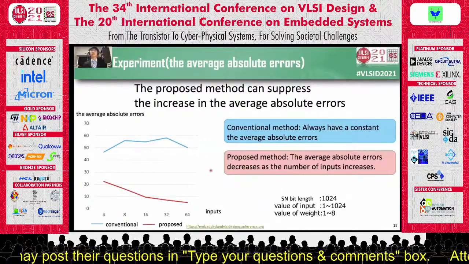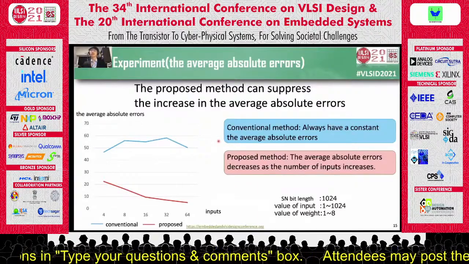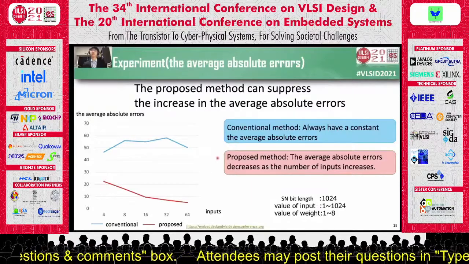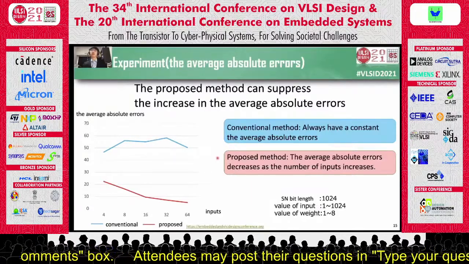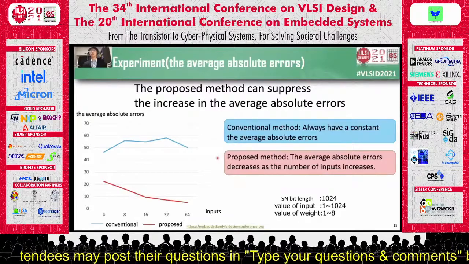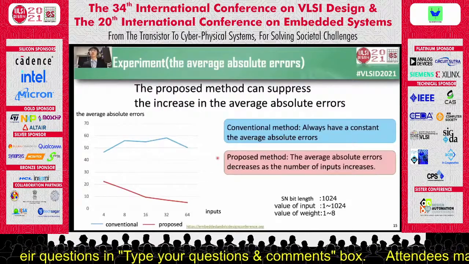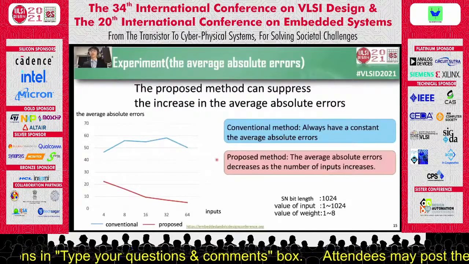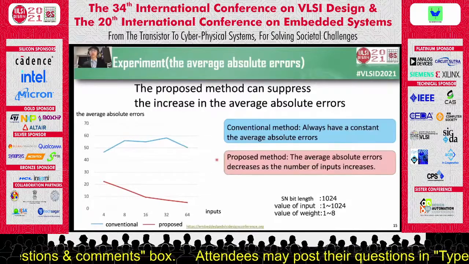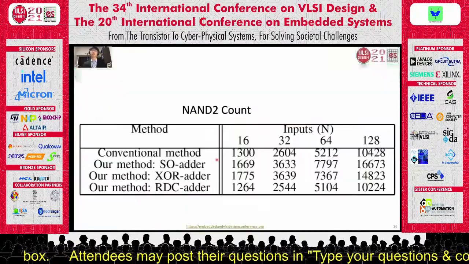Please see this graph. For the conventional method, the average absolute errors are always constant. For the proposed method, the average absolute errors decrease as the number of inputs increases. As you can see, it can be confirmed that the proposed method is superior in terms of average relative errors and average absolute errors.